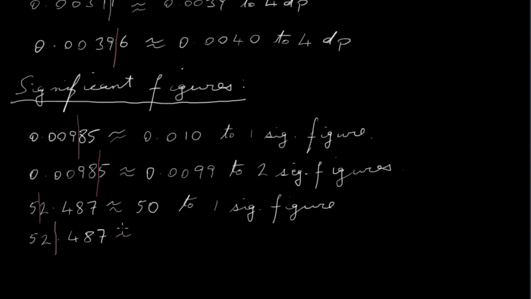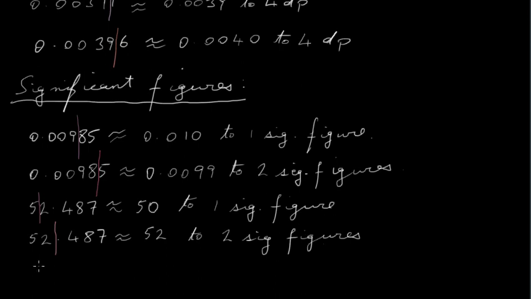So we end up with, I'll just rub that out and go back again, approximately equal to, so we want two significant figures, so that's 52, and that's two significant figures.